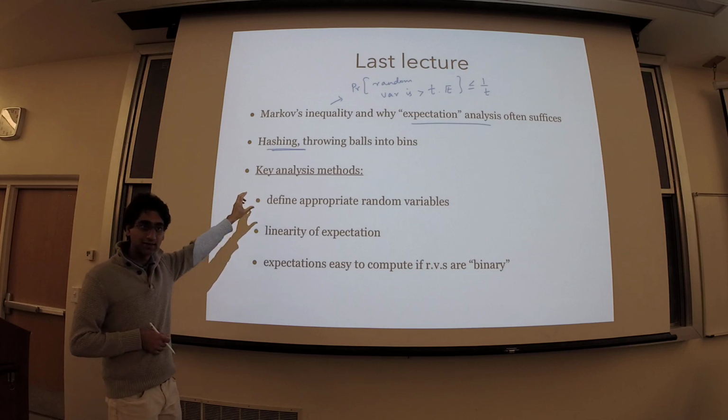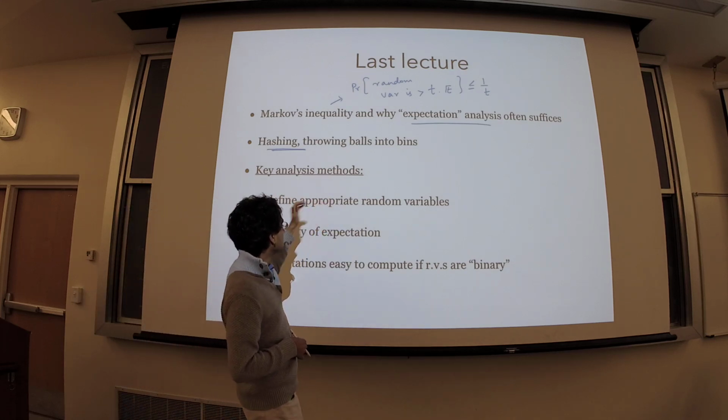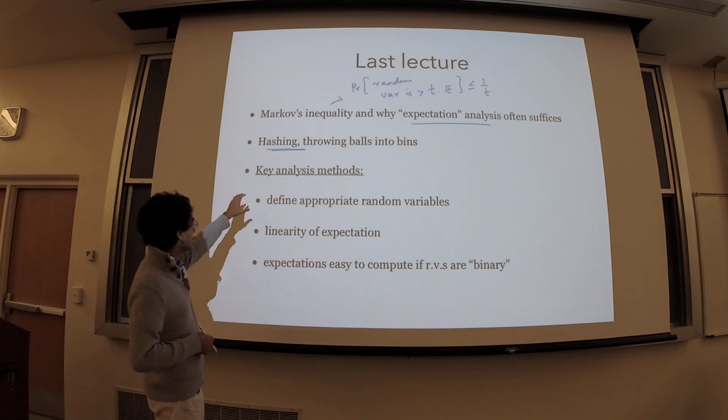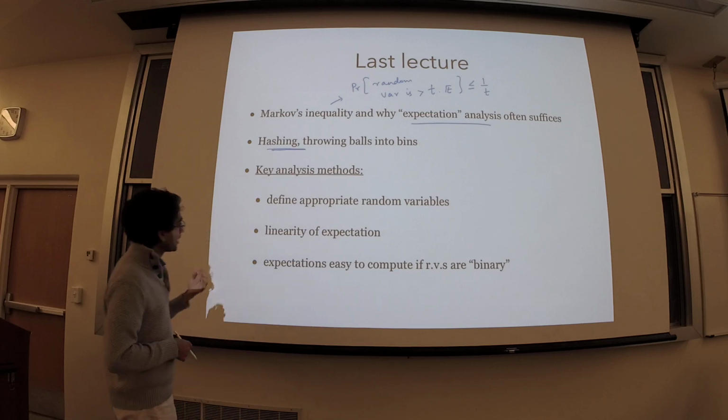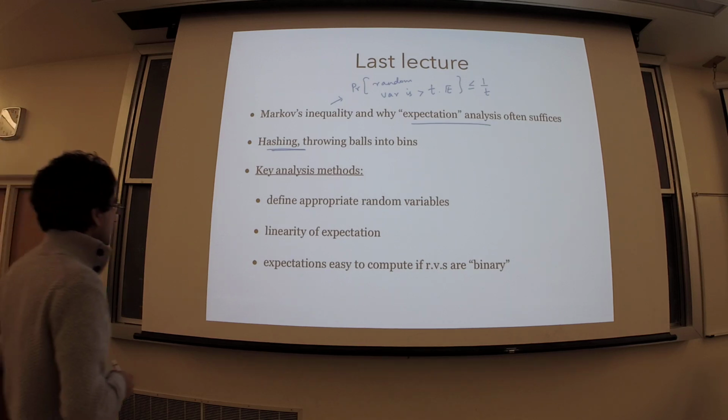We said that to analyze what's going on, we had to define certain appropriate random variables. Sometimes we expressed a random variable as a sum of much simpler random variables. In most randomized algorithms, defining the right random variable is kind of a key to doing the analysis. So that's something you have to keep in mind.